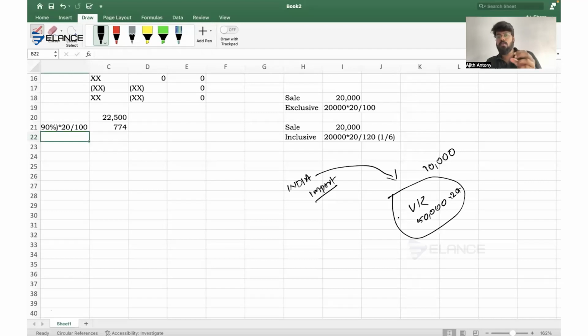So initially I'm paying this 10,000 to HMRC at the time of importing. After importing that asset, the same amount that I paid to HMRC as output VAT, I can reclaim as input VAT. So the net effect is 0.